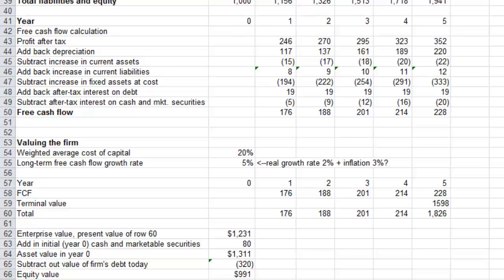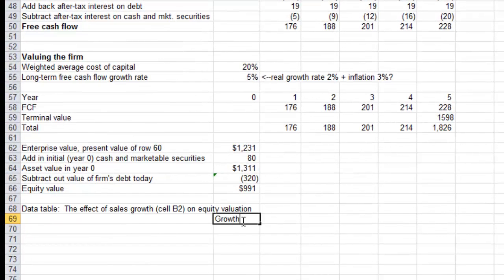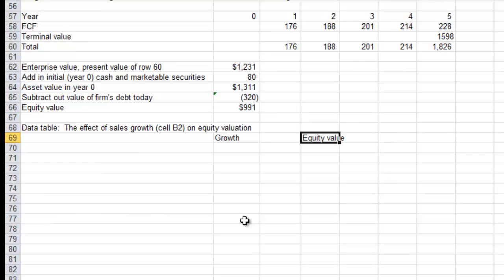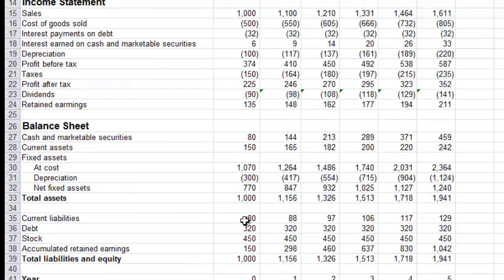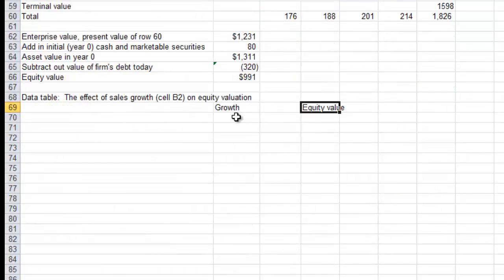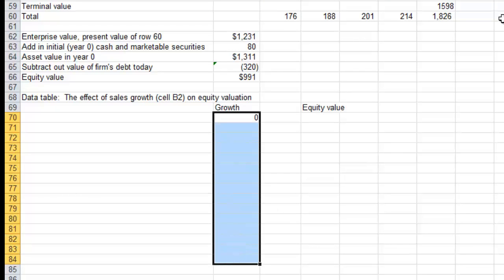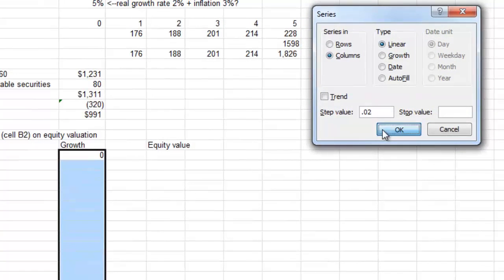So we can add a label for our data table: growth rate, equity value, and so starting with a baseline growth rate of 10%, and so let's go from 0 down to about 16% by increments of 0.02 or 2%.